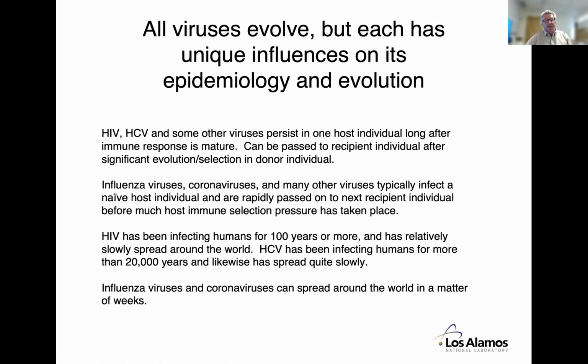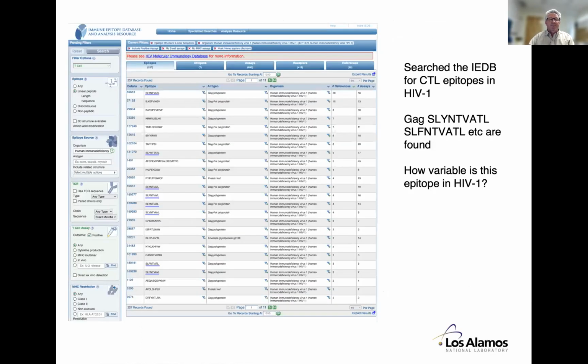Hepatitis C virus, likewise, has been infecting humans for more than 20,000 years, and likewise spreads around the world quite slowly. Whereas the influenza and coronaviruses can spread around the world in a matter of weeks, as we've recently seen. And one particular strain of the virus, such as the Delta variant of the new SARS coronavirus, can replace other strains of the same virus within a matter of weeks or months.